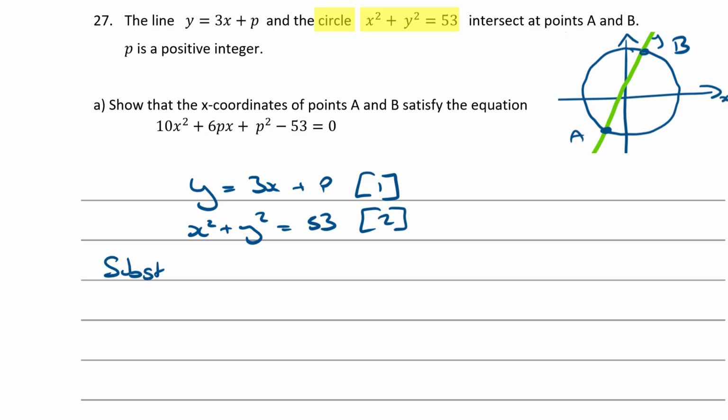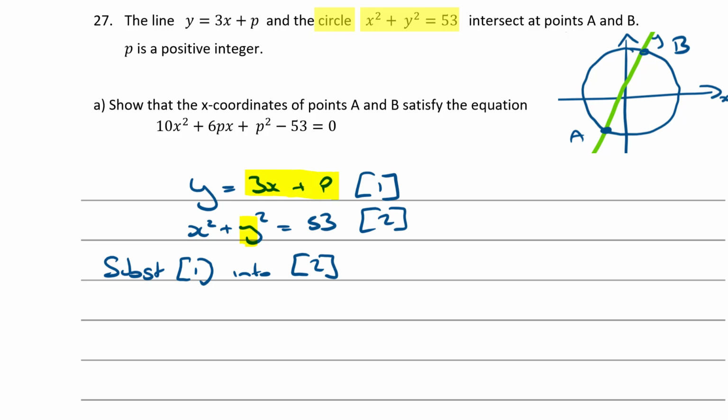The only way you can solve these is by a method called substitution. So I'm going to take the easier looking equation, y equals 3x plus p, and I'm going to substitute it into my more complicated looking equation, x squared plus y squared is equal to 53. In other words, I'm going to take this y here and replace it with what y is equal to in the other equation.